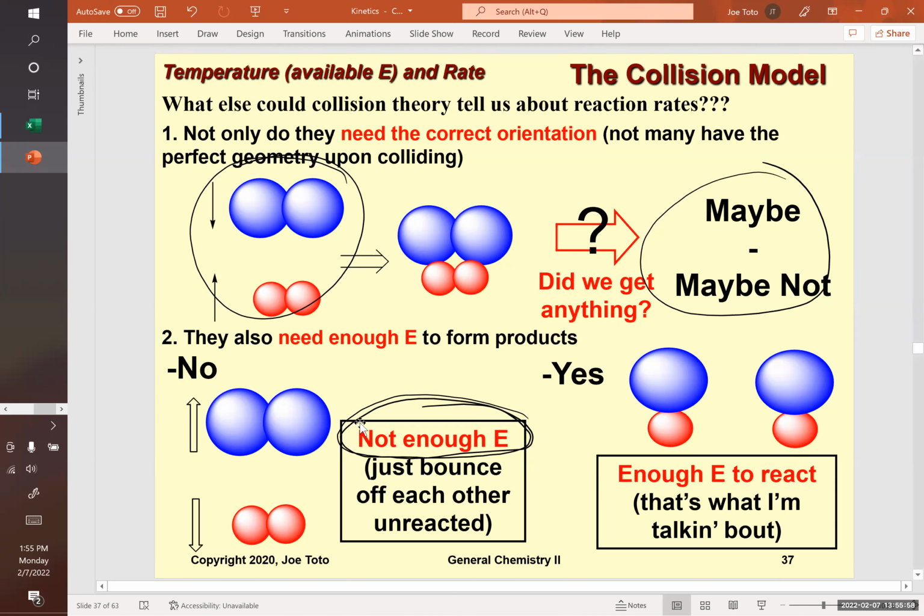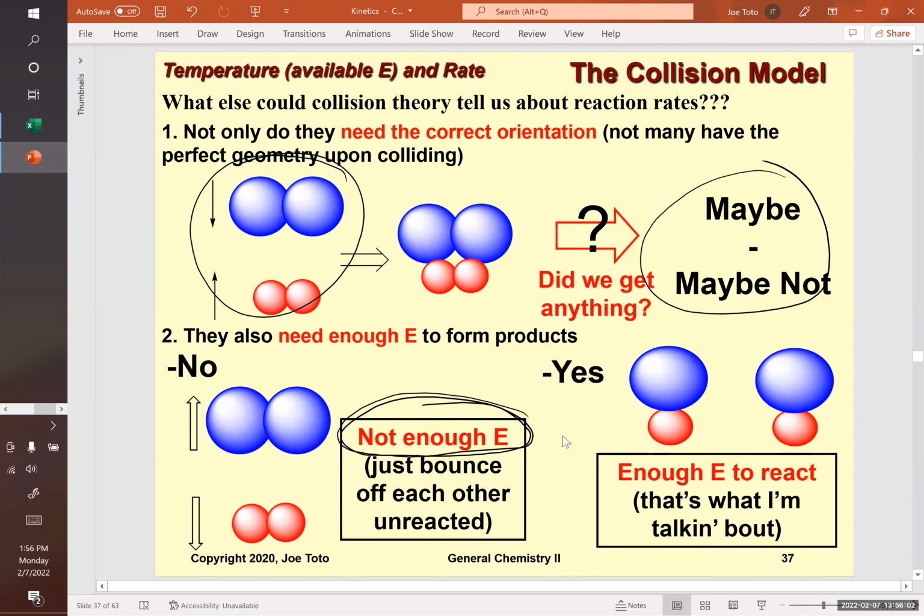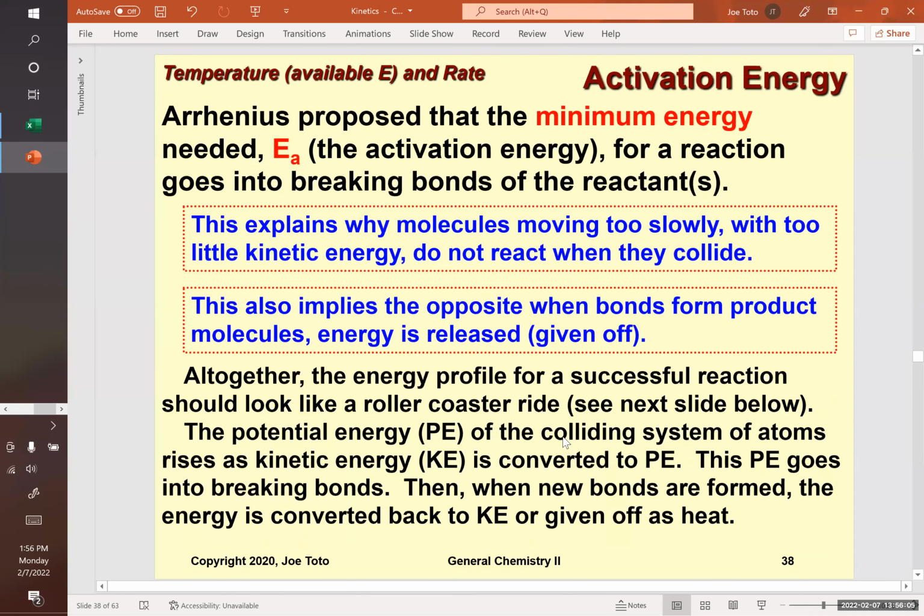Does anybody have an idea of why atoms or molecules need energy to react? We need energy to break bonds and reform bonds. Yes, bingo. You need the energy to go into breaking those bonds in the reactants.